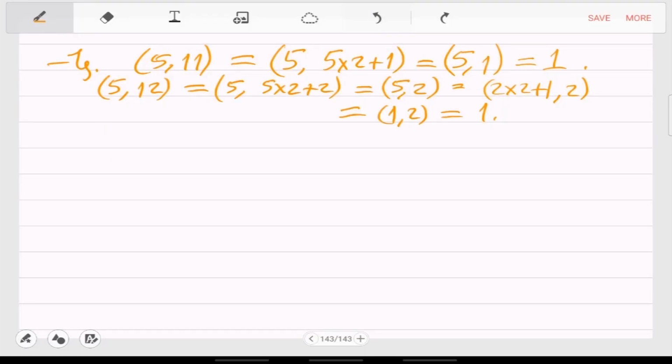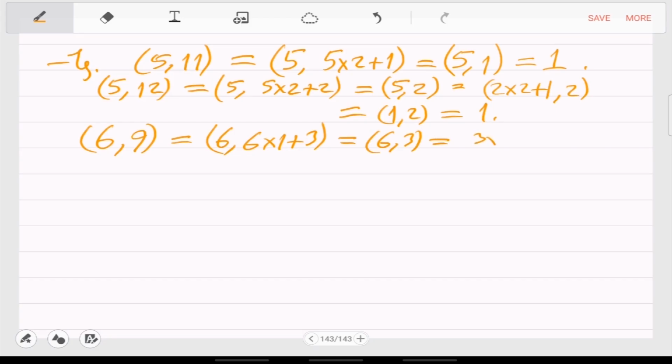What happens with 6 and 9? So you write 9 as 6 times 1 plus 3, which gives you 6, 3. Then you divide, so you get 3 times 2 plus 0, so you can drop 3 cross 2, and it's now 0 comma 3.